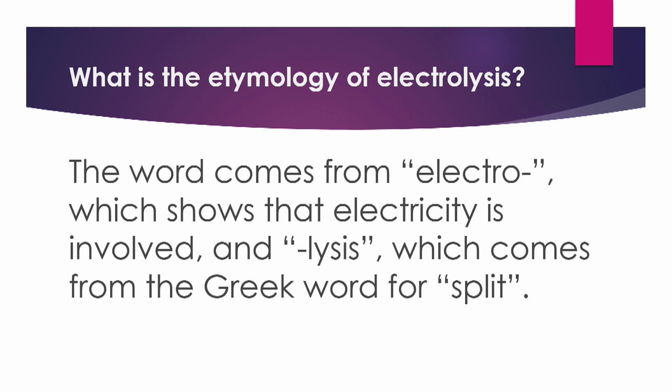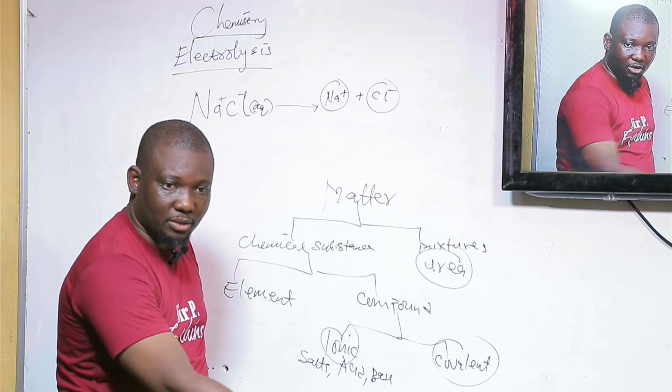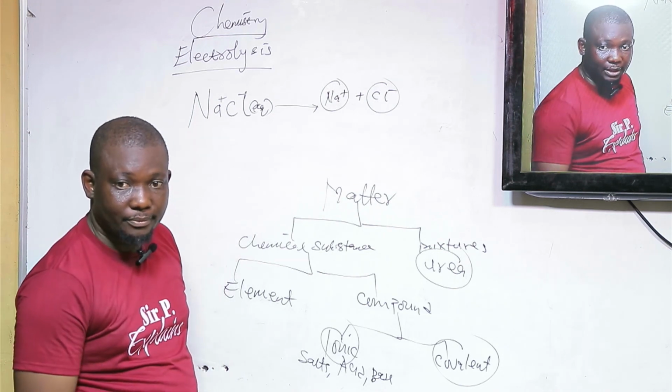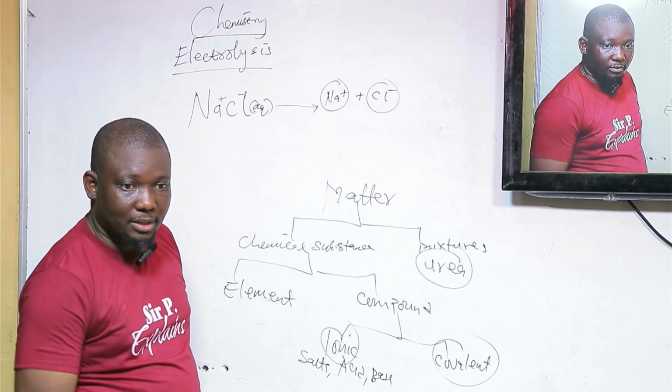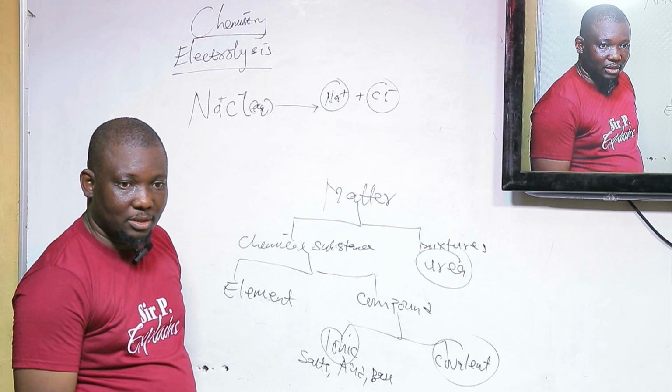In English, it means what? Splits. So it is literally, or in layman's understanding, just splitting a compound or ionic compound using electricity. That is a simple, common knowledge of electrolysis.